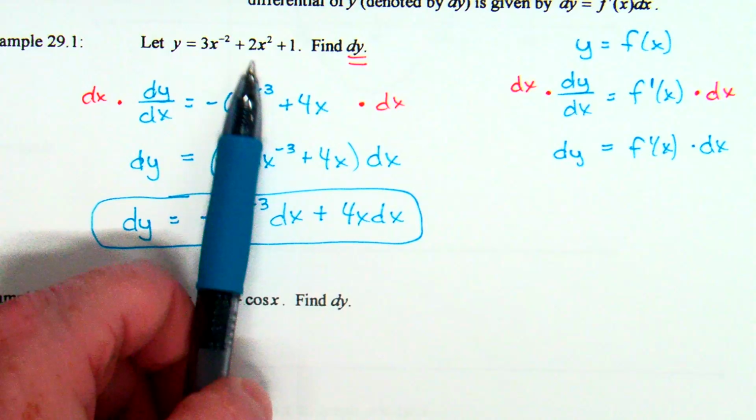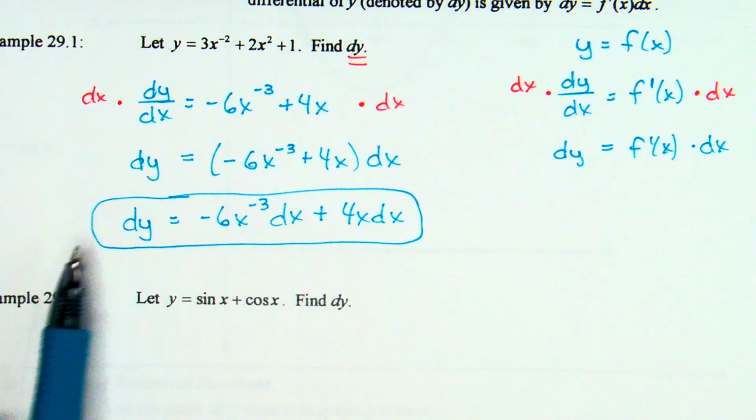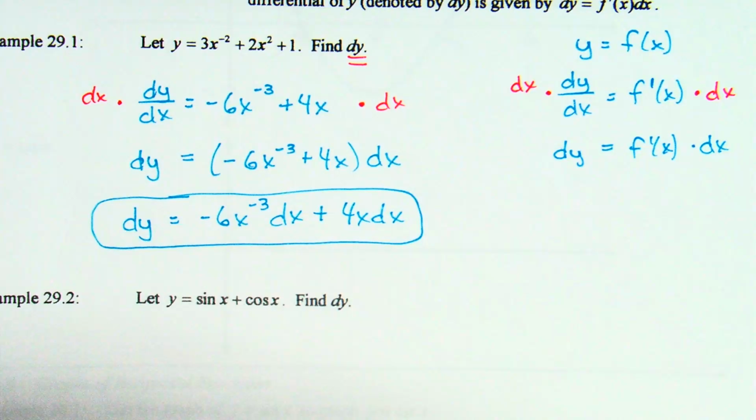Derivative of 2x squared, 4x dx. In other words, if you're always tacking on the differential of whatever variable you're differentiating, that's a way to do this as well. Does that make sense? Again, for the beginner step, I like showing this because I want you to be able to see where it came from.